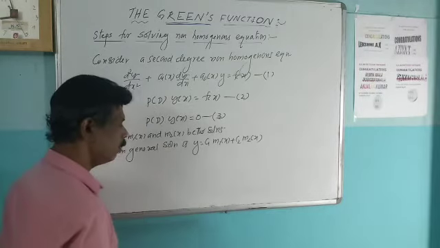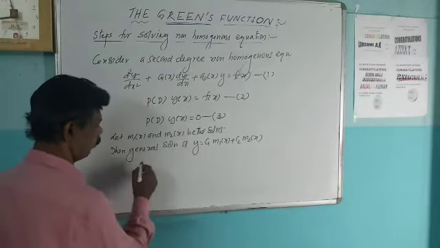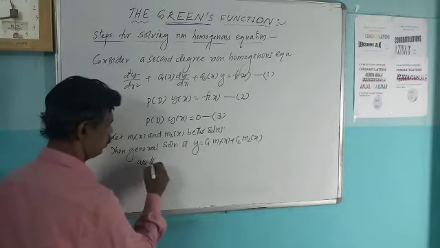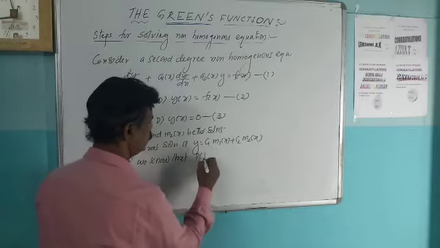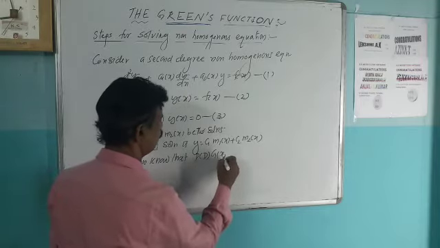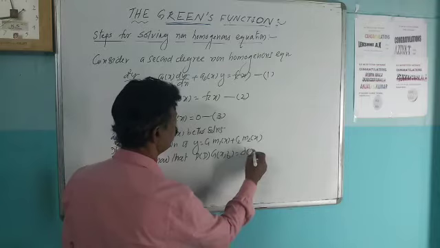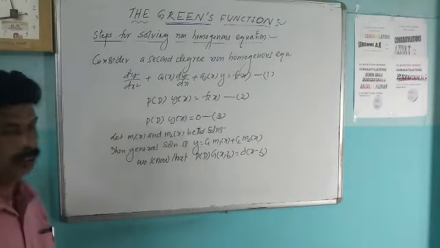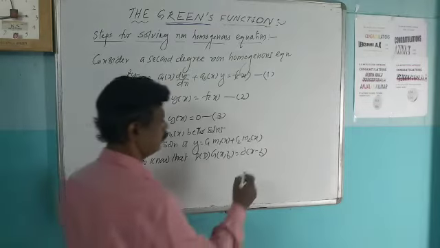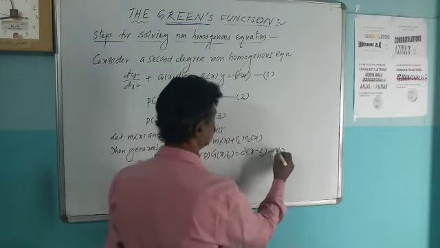By the definition of a Green's function, we know that PD into g of x is equal to delta of x minus z. I call this equation number 4.